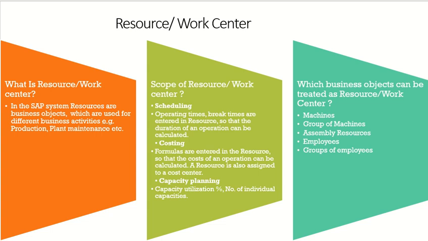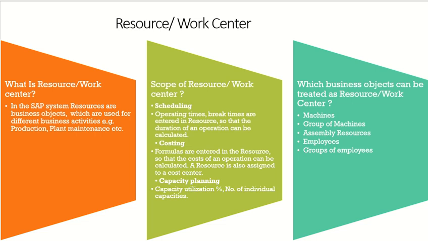But resource and work center in the SAP system are business objects which are used for different business activities like production, plant maintenance, etc. So what are the scopes? You see scheduling, operating time, break time that we can maintain, and the costing, capacity planning, all these things we can get with the help of resource and work center.